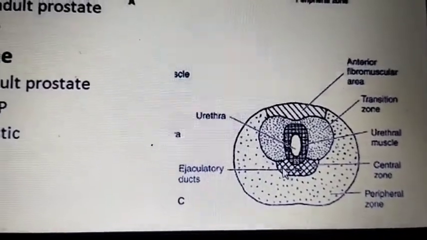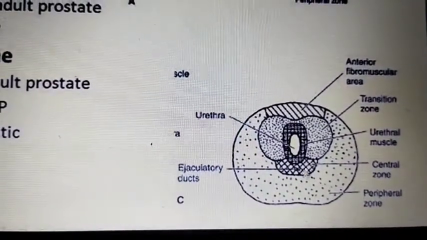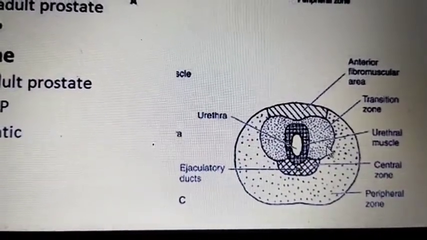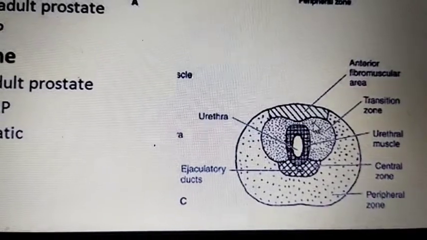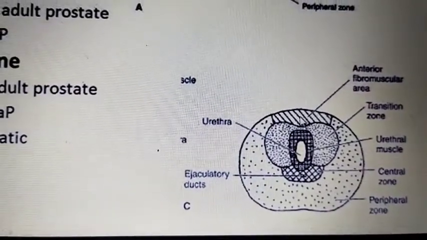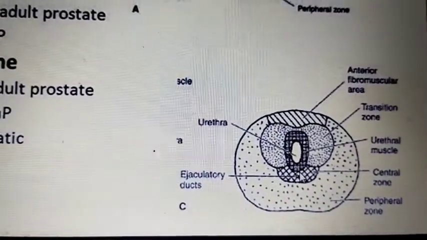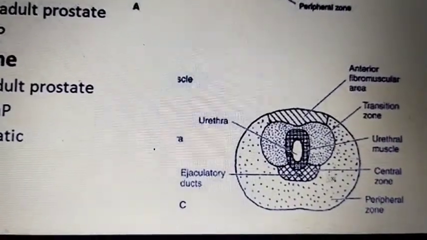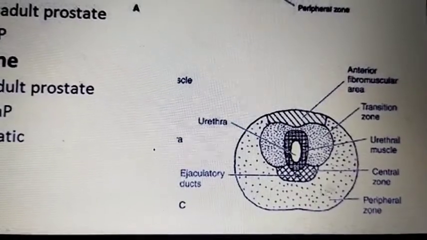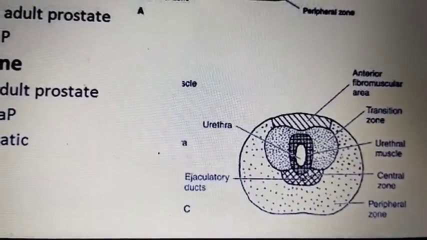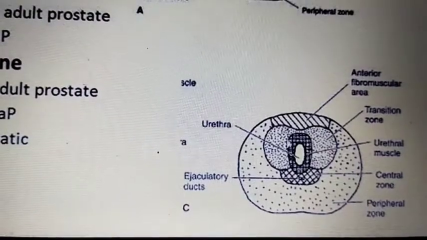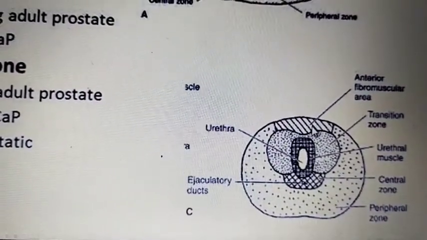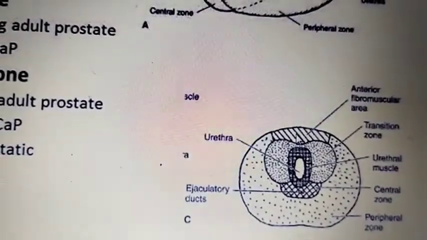On the posterior side is the central zone, and above the transitional zone is the anterior fibromuscular zone. Central and peripheral zones are the posterior and lateral lobes, the transitional zone is the median lobe, and the anterior fibromuscular zone is the anterior lobe.